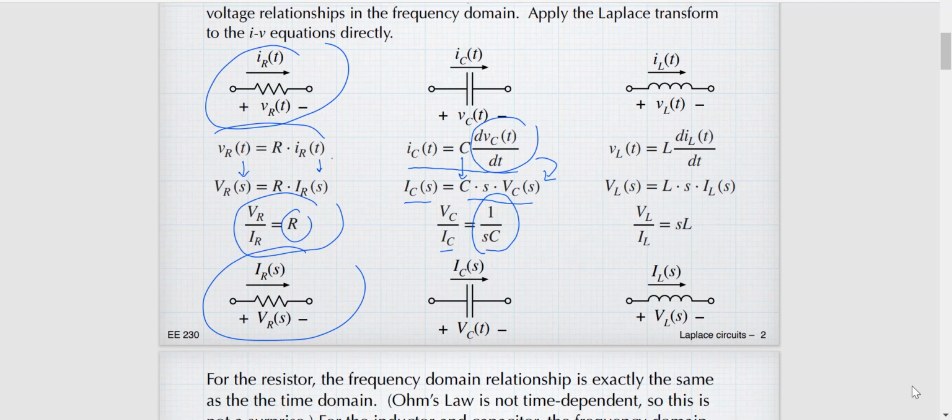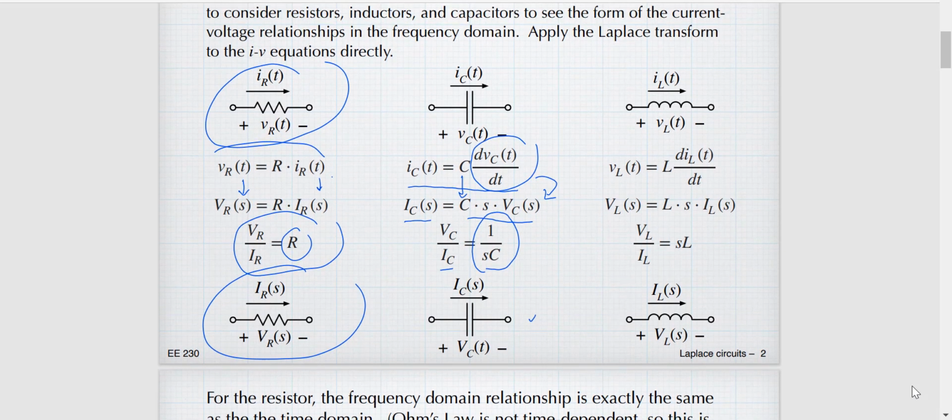This is the notation in the S domain, and similarly for the inductor. This is the current flowing in the inductor, and this is VL, the inductor voltage. In physics, VL in the time domain is L dIL per dt.